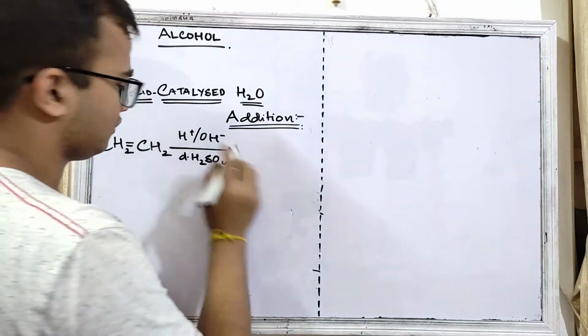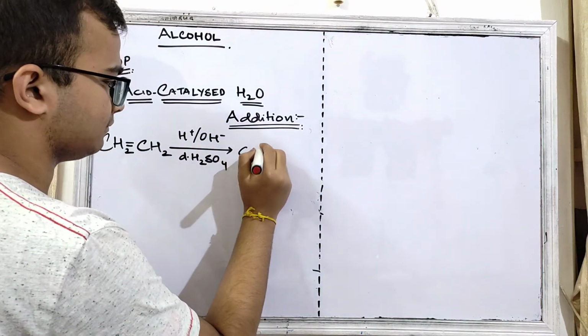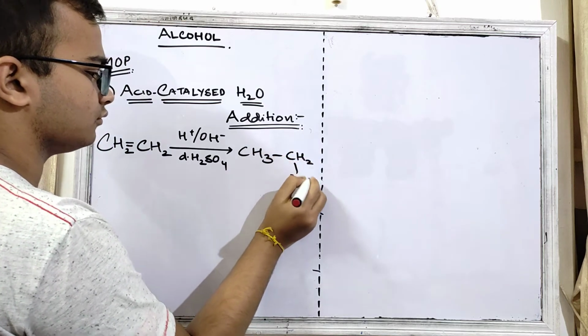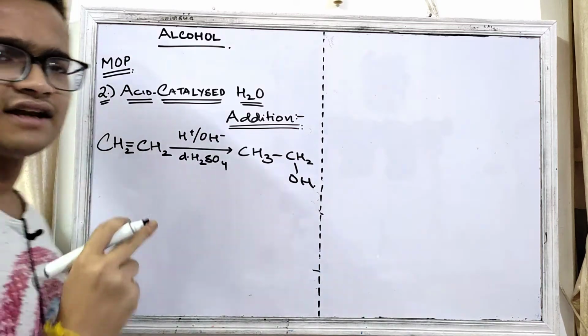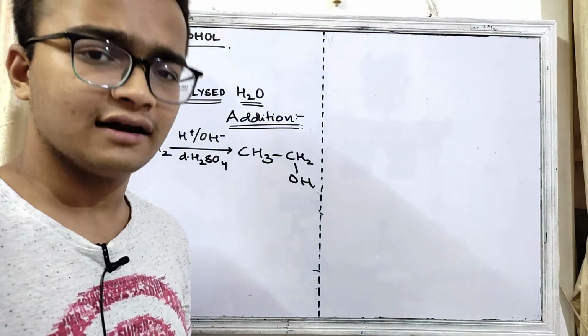Then this bond will open up and your alcohol will be formed. It will be becoming CH3, CH2, and here it is OH, right? So this is the acid catalyzed addition of water to alkene, which is giving me alcohol.